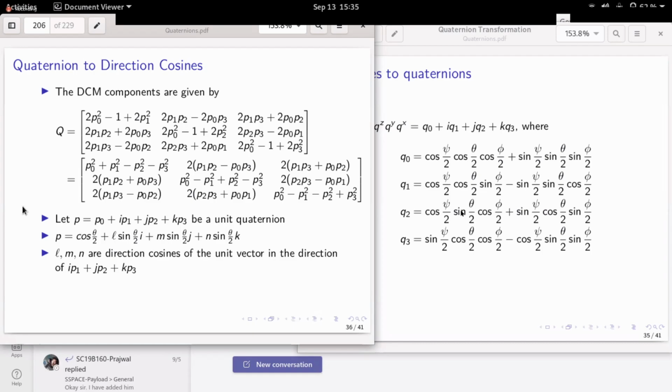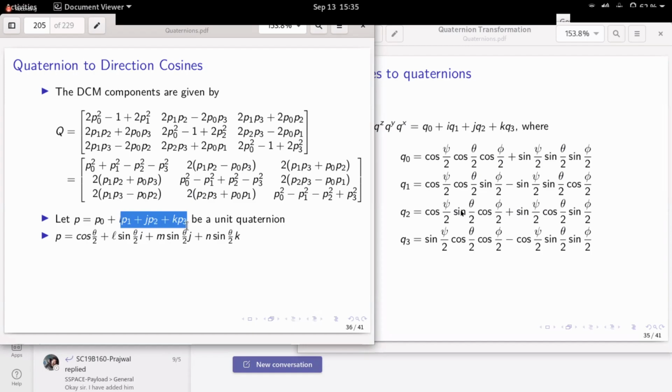I think this we already know. Once you know the quaternion, the axis of rotation is known, the angle is known. So then it is not difficult to compute. Once the quaternion is known, you compute the DCM matrix in this particular fashion. And you can also compute the direction cosines of the axis, and the angles are known.